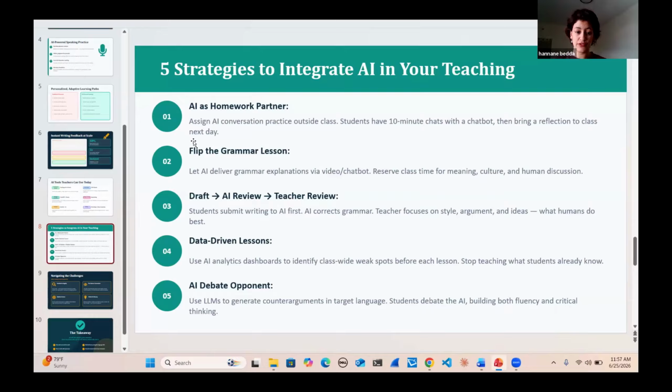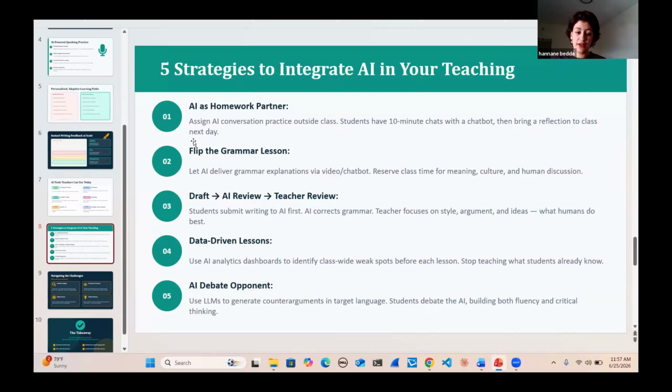Third, we have drafts. As a way to brainstorm and draft, students submit writing to AI first. So students have to brainstorm, get ideas, do the first drafts, and then submit them to AI. Then AI corrects the grammar, and teachers focus on style, arguments, and ideas. So what humans do best: critical thinking.